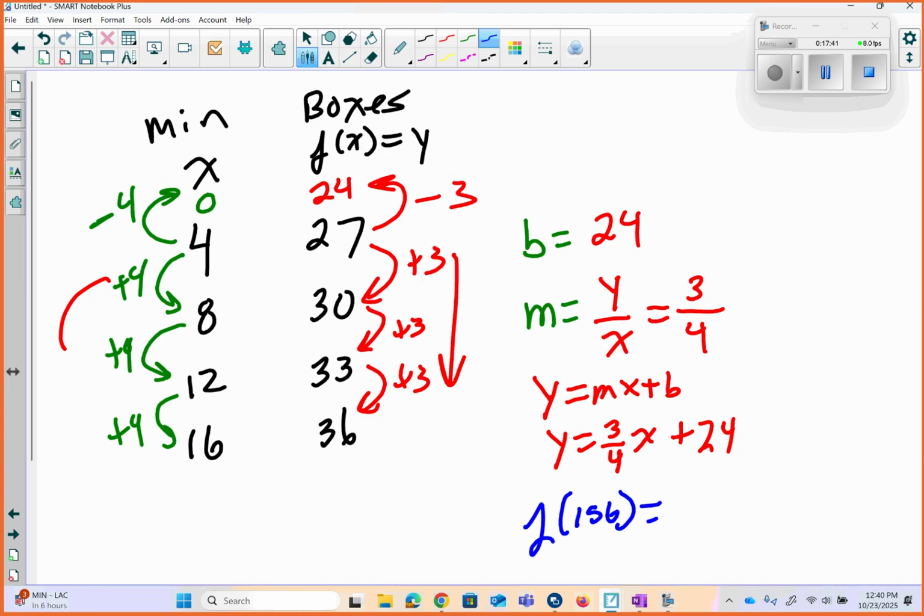Plug it in. Yeah, it goes right in there. So then you're like, but there's a fraction in front of it. Okay. So let's see. 3/4 of 156. So 3 divided by 4 is 0.75 times 156 plus 24. This comes out to 141.